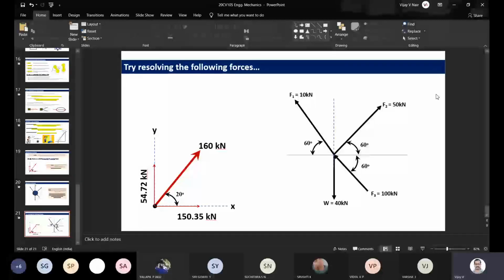The calculator has a setting for degrees as well as radians. In most of our cases in engineering mechanics, we'll be using angles in degrees only. So each time you use a calculator, reset it to degrees and then start working.